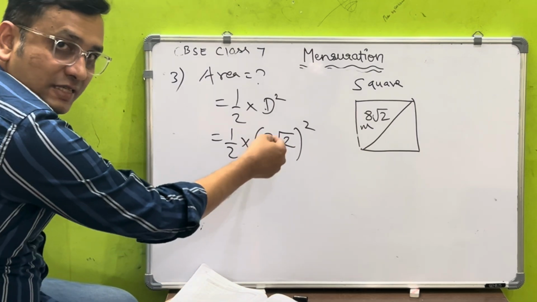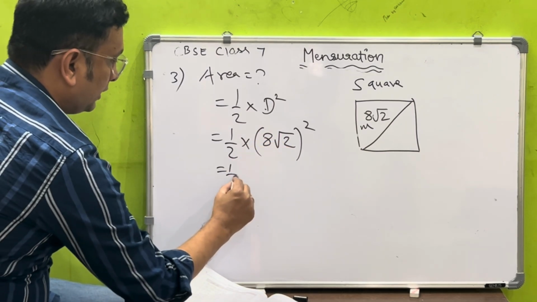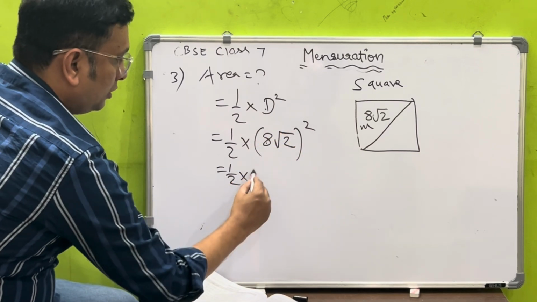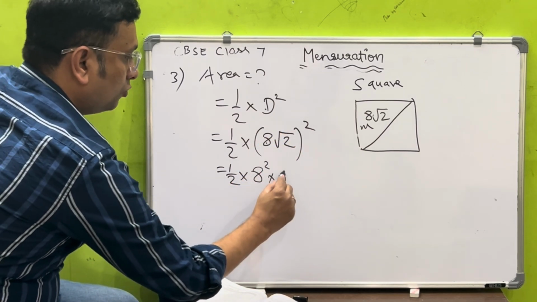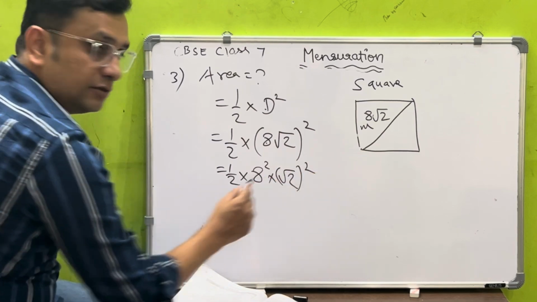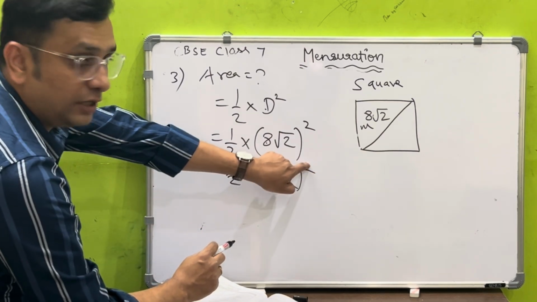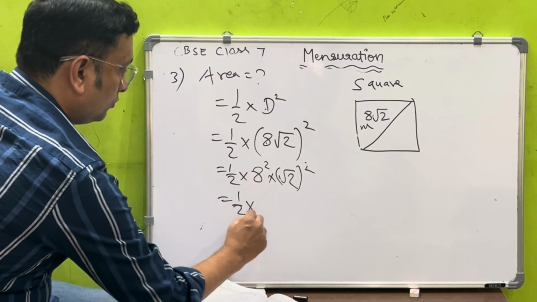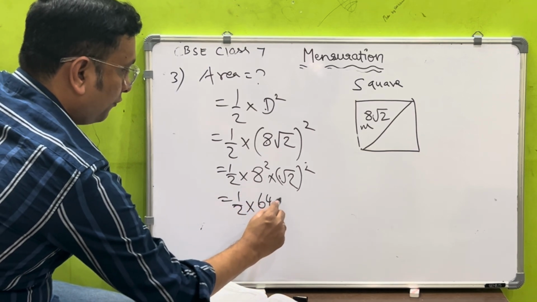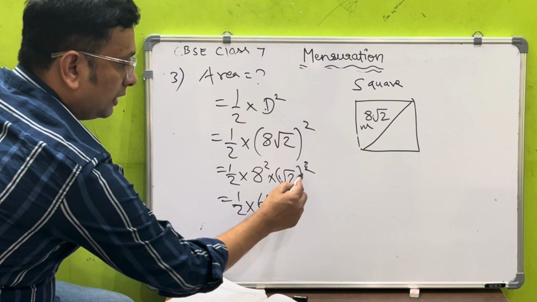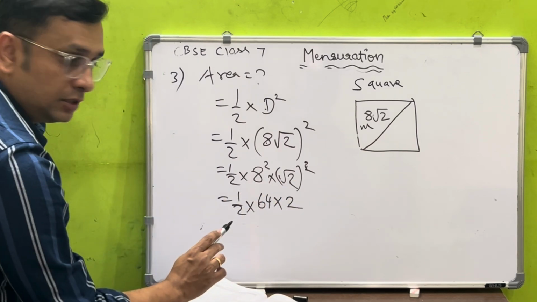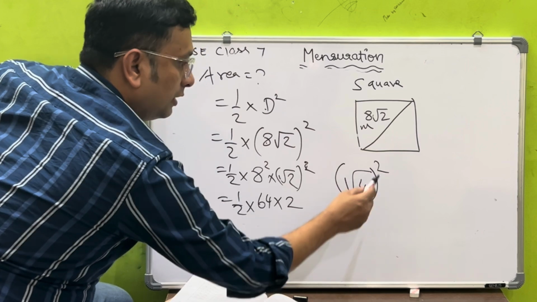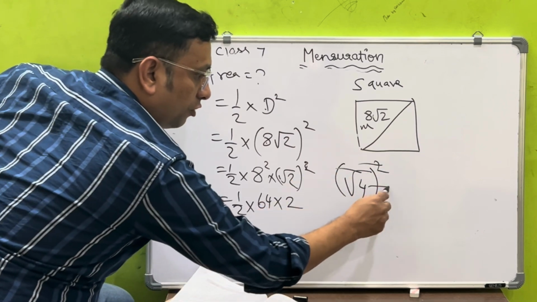How to solve this easily? There is a trick. You just split the square to both, 8 square into root 2 of square. Always root 2 of square is 2 only. So 8 8s are 64 into 2. Root 4 of square: the root and square cancel and 4 will be the answer.